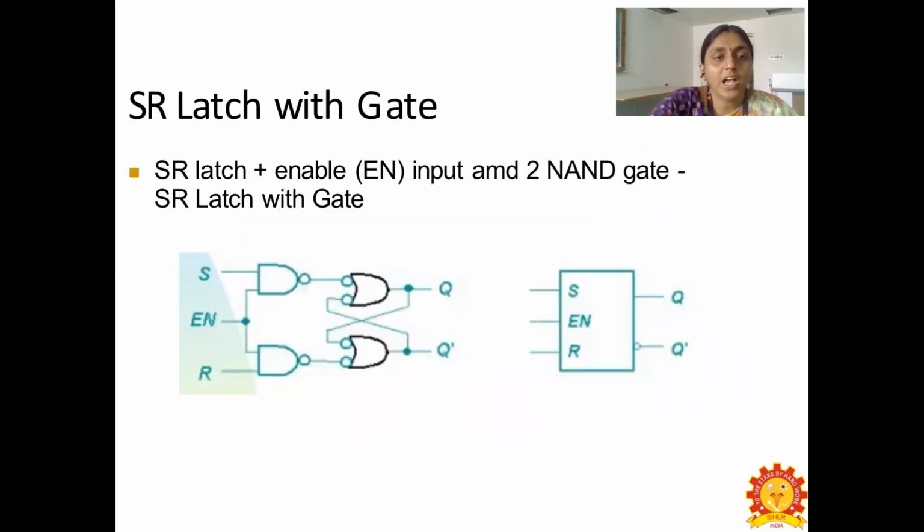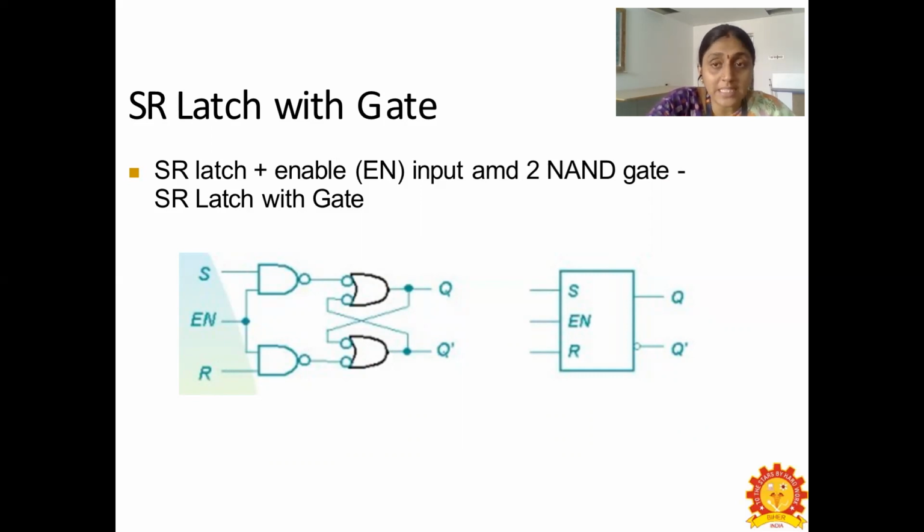And here we have the enable input. Apart from S and R, we have the enable input and two NAND gates, that is the SR latch with two NAND gates and also two more gates, all together forming the combinational circuit along with the memory element. So it forms a sequential circuit.